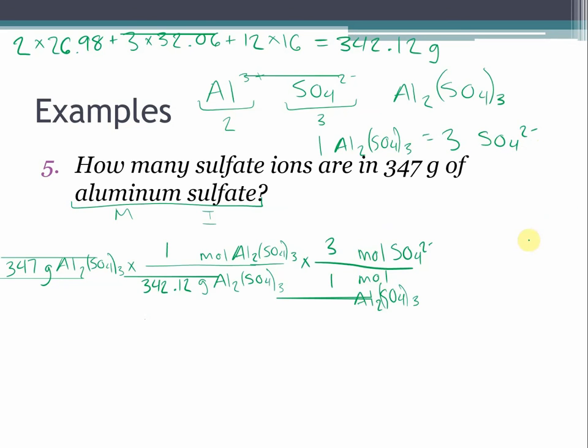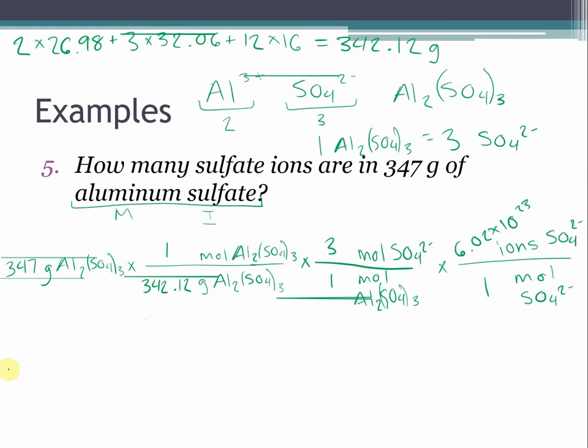So we will do times another fraction. What goes up must come down. We'll put individual ions of sulfate on the top. And in any 1 mole of a thing, there are 6.02 times 10 to the 23rd of that thing.